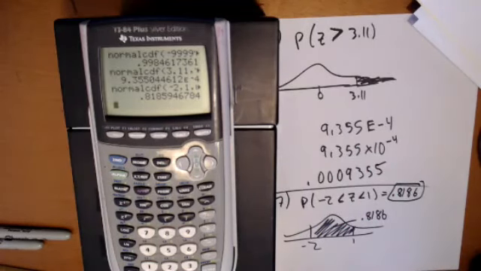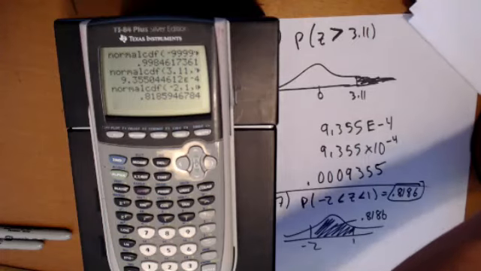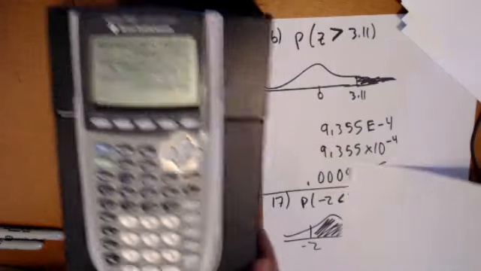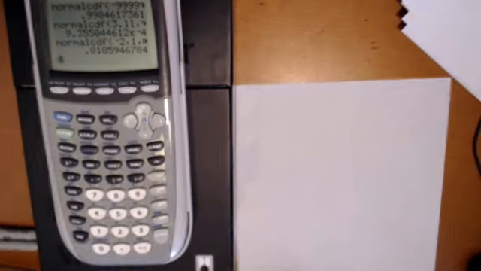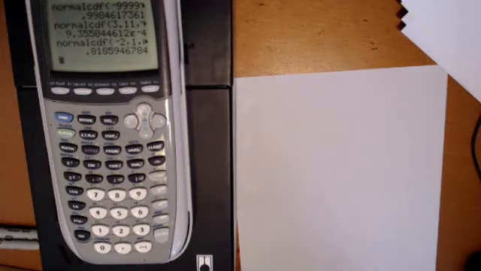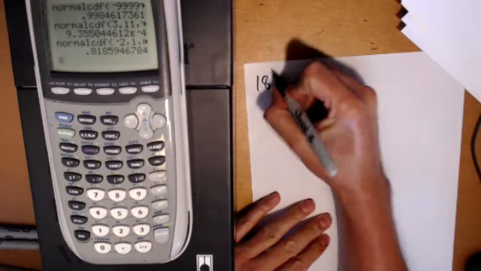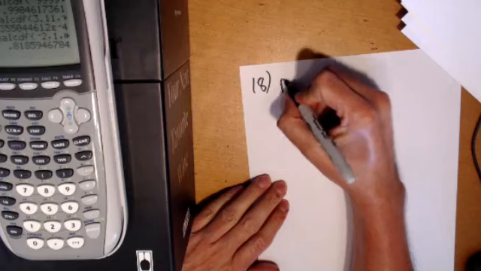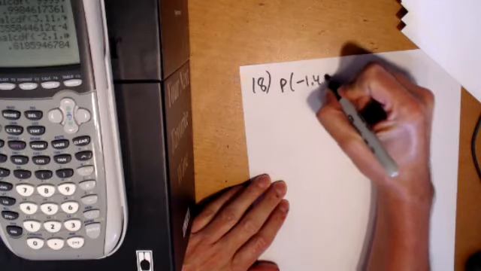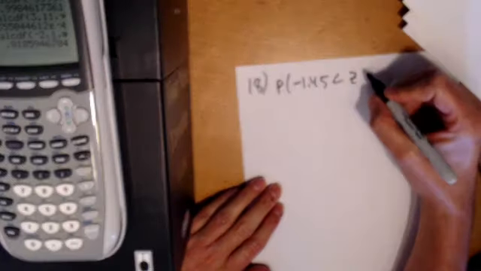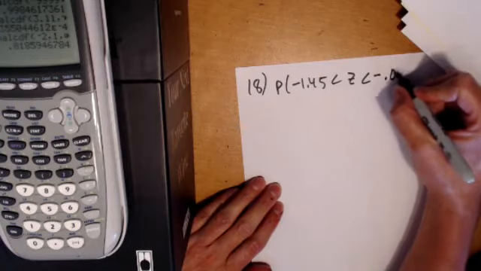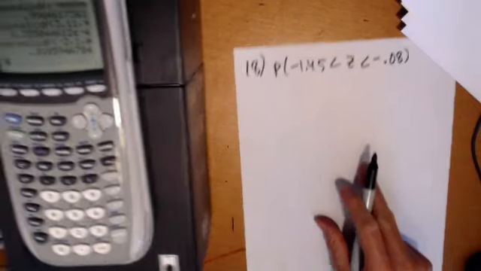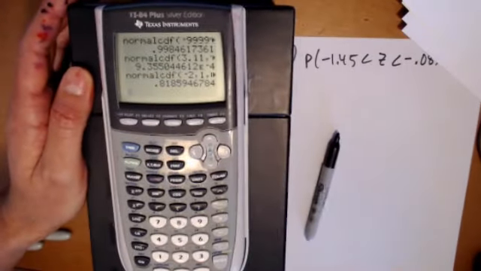Whew. Okay. Another one? I mean, yay, another one. 18. Going through paper like there's no mañana. 18. Probability that z is between negative 1.45 and negative 0.08. And it's just a between problem. Between problems are easy, so I'll just throw it in my calculator.